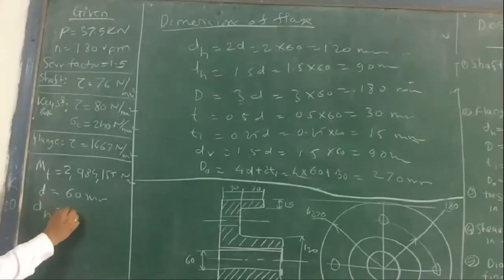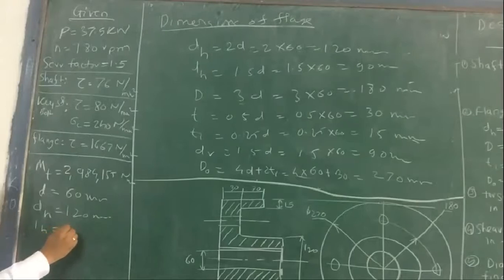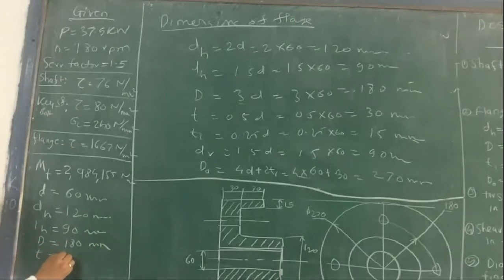DH 120 mm. LH 90 mm. D 180 mm. T 30 mm. T1 15 mm. And D0 270 mm. So these are the dimensions of the flange.